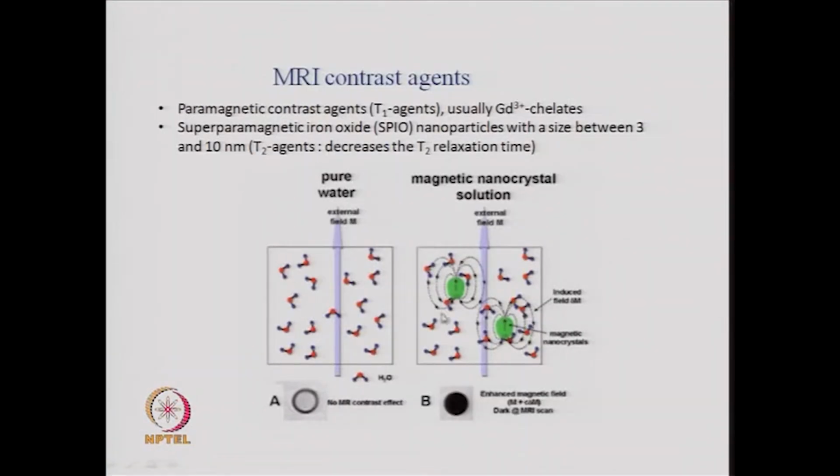So, for example, you see on the left side there is water here, and you apply a magnetic field, and the water molecules are shown here, and the magnetic resonance should create a contrast, but you do not see much contrast here.